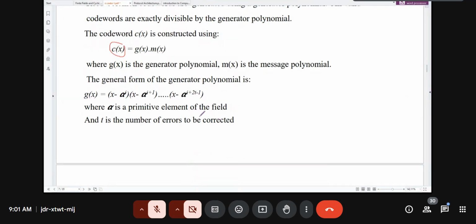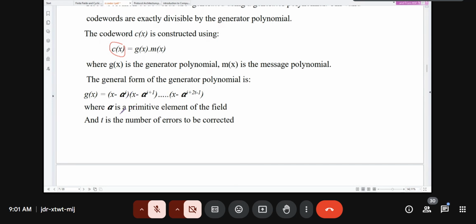So you are going to multiply just this. That is, g(x) is (x minus alpha to the i) into (x minus alpha to the i plus 1) up to (x minus alpha to the i plus 2t minus 1). This is a general one.